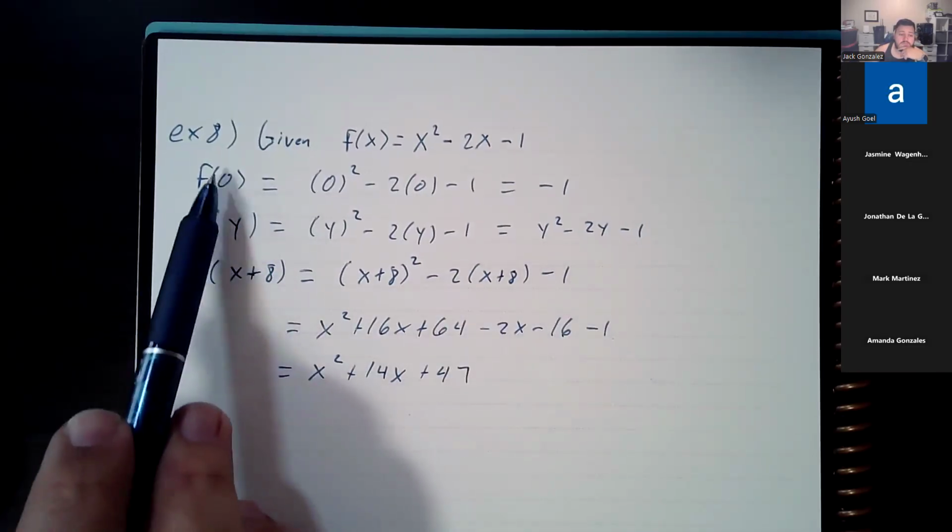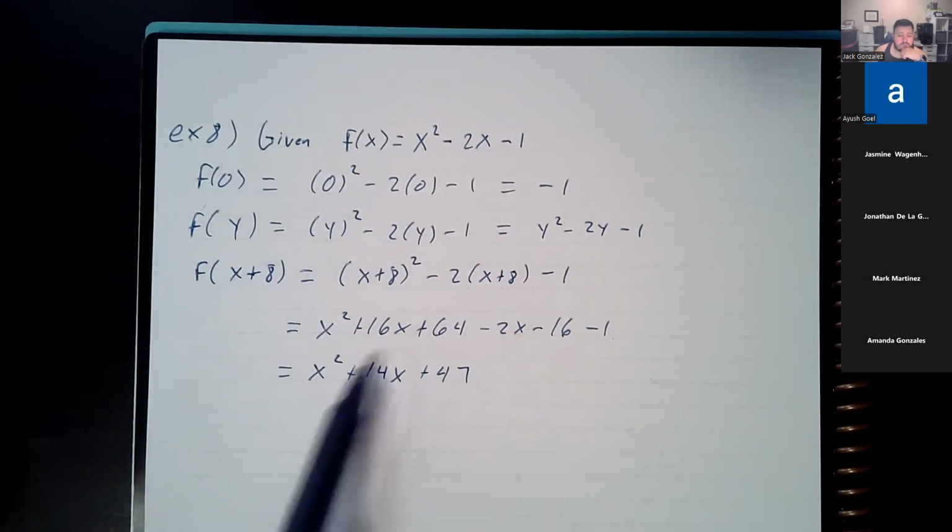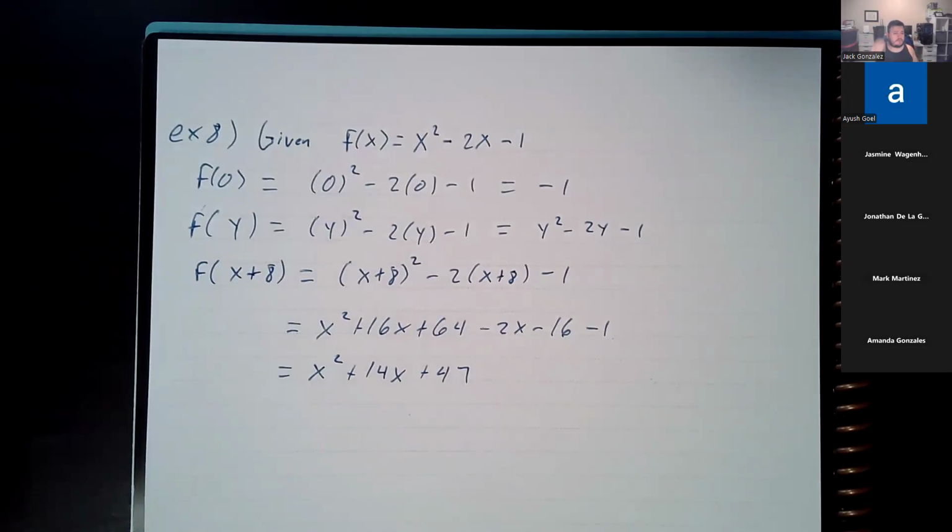So whatever's in the parentheses, you just plug it in, see what happens, and then do your algebra. Are there any questions on that idea? So I'm going to move on to something else. Or any questions on this algebra here?